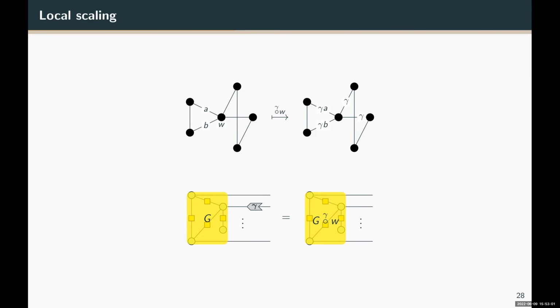In the qubit case, this is a little bit more tricky because you need two operations, local scalings and local complementations. So the first of these is local scalings.